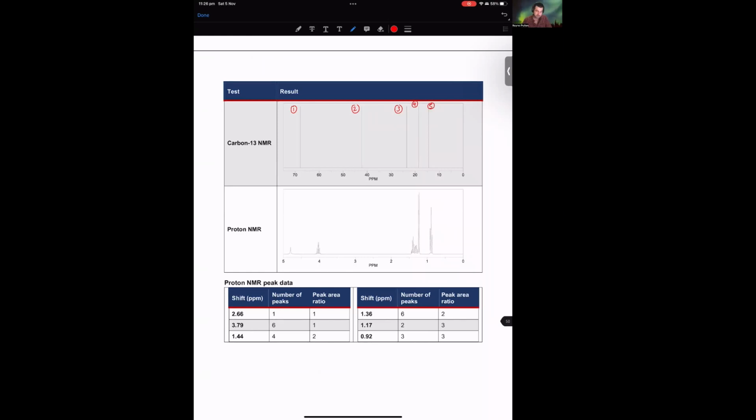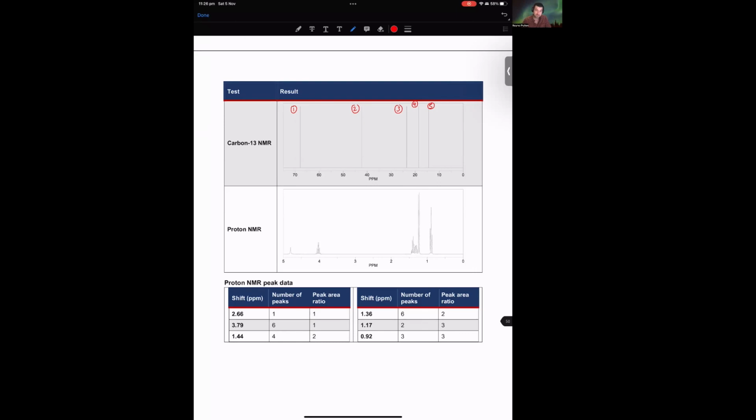To match up with our IR and our test for oxidation, peak 1 is about 70 ppm, which to me suggests a single bond carbon-oxygen bond. So carbon has been de-shielded. The typical shift for something like an alcohol would be about 70 ppm.